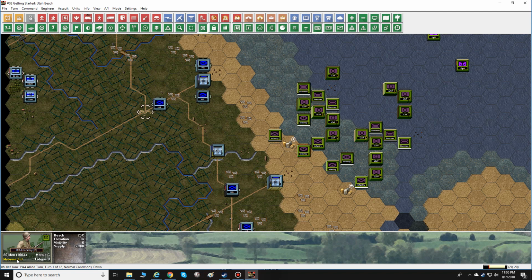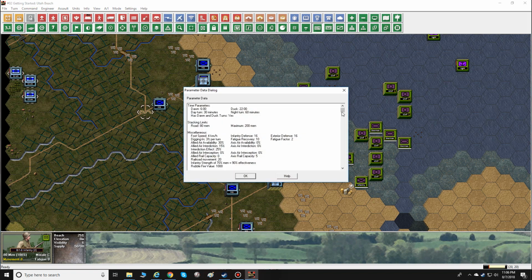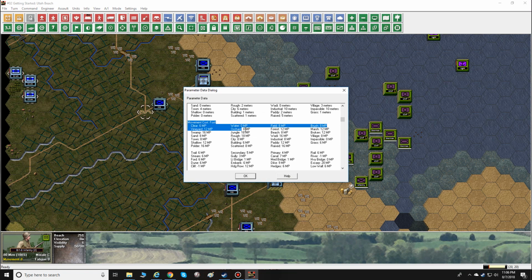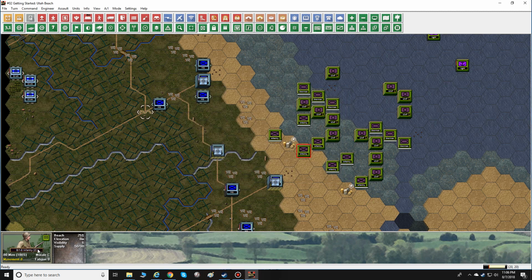If we're at red or orange, in this case I call it orange because it looks more orange, this should be able to move another space here. If I wanted to, I could go into the parameter data, scroll down the list till I find movement costs for all my foot units, and I could highlight and memorize this, but you don't need to. Pretty much for clear hex it's 6 movement points, and you'll learn some of this stuff as you play. So I should be able to move another hex, so we're going to move up.